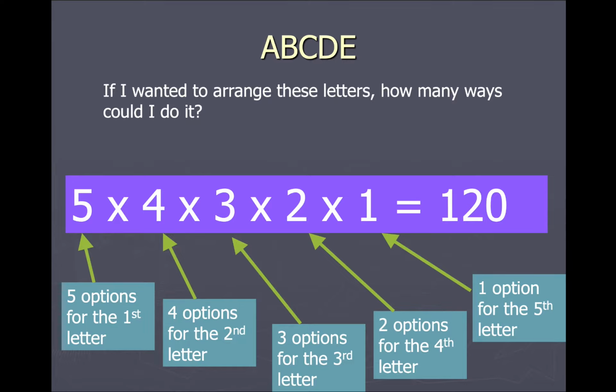If you multiply 5 times 4 times 3 times 2 times 1, that gives you 120 possible ways of arranging the first 5 letters.